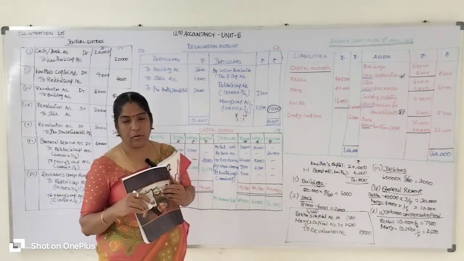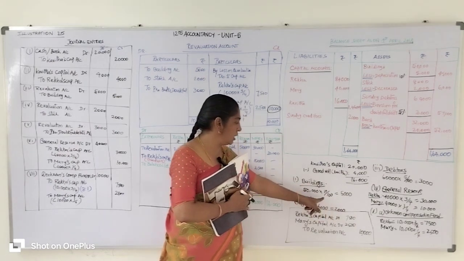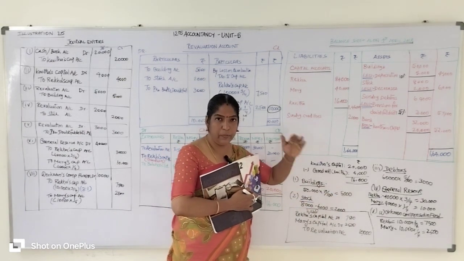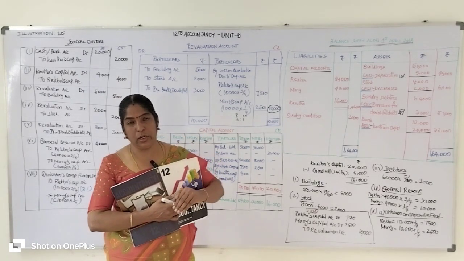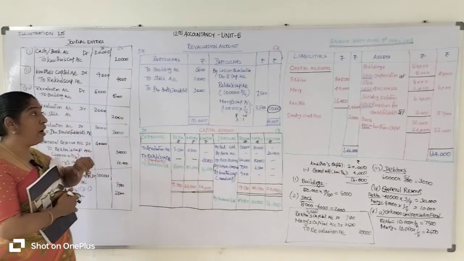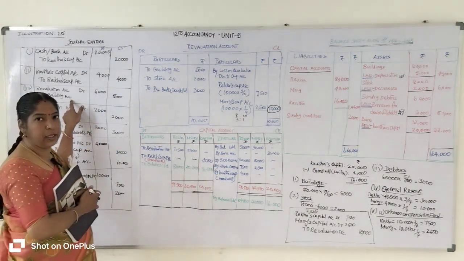Building is an asset account, so the asset value decreases by 5,000 rupees. If the asset value decreases, what is the journal entry? Revaluation account is to be debited. Building account is to be credited.